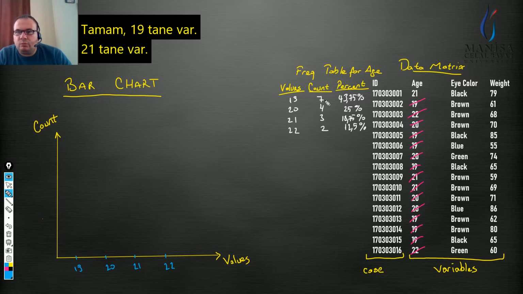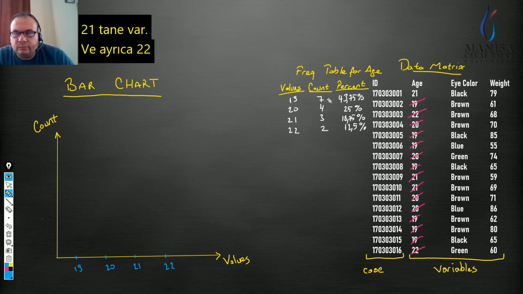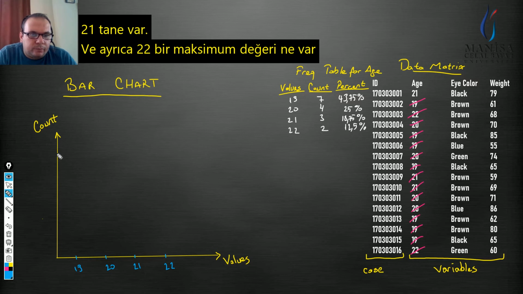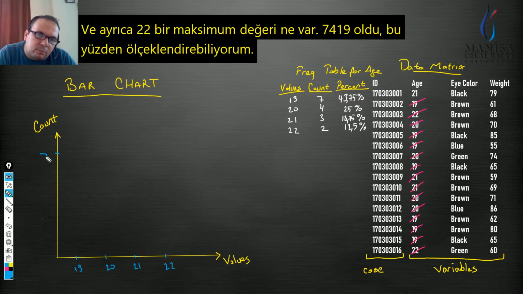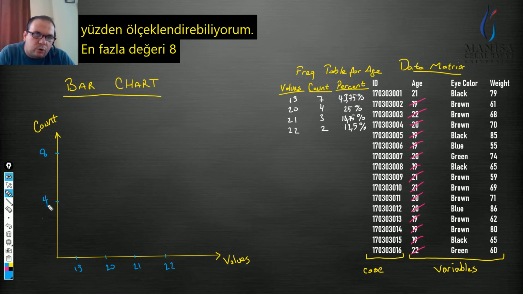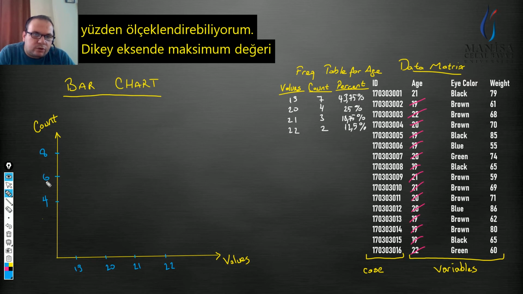And what is the maximum value? It's 7 for 19. So I can scale the vertical axis with a maximum value of 8, and halfway I'm gonna use 4, and this is for 6, and this is for 2.